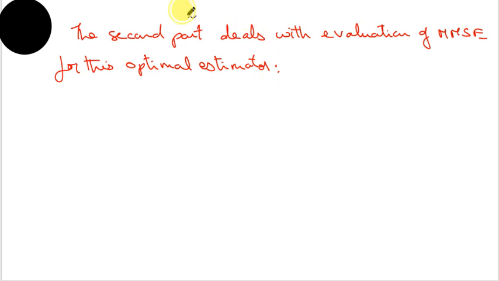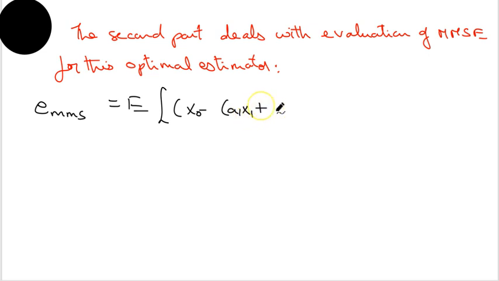Already we have seen several times, we know the formula, so we start with EMMS. This is nothing but we just need to take the expectation of x naught minus (a1 x1 plus a2 x2 plus etc. plus an xn plus b).